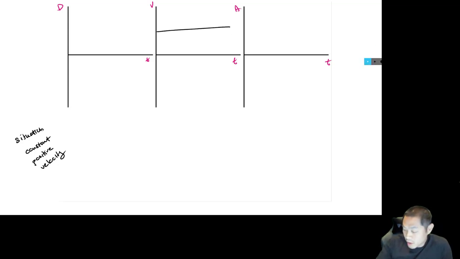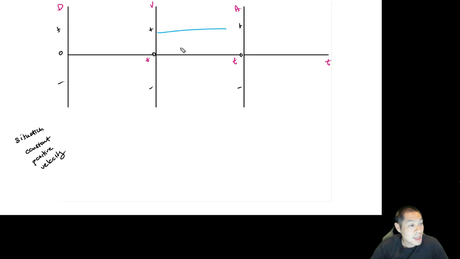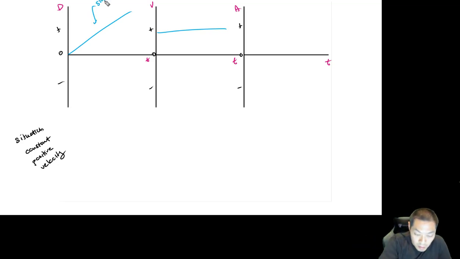So when you have a constant positive velocity, remember, positive, 0, negative. If it's up here, what does that mean? In our displacement versus time graph, that means we have a positive slope. Slope positive means velocity is forwards, or up, depending on whichever way you have positive.